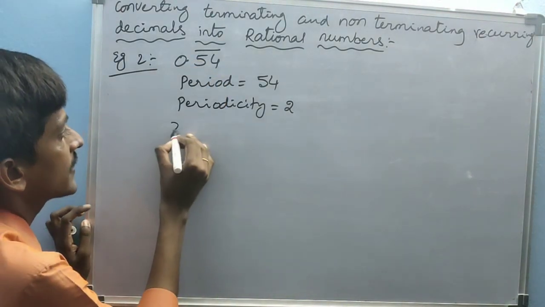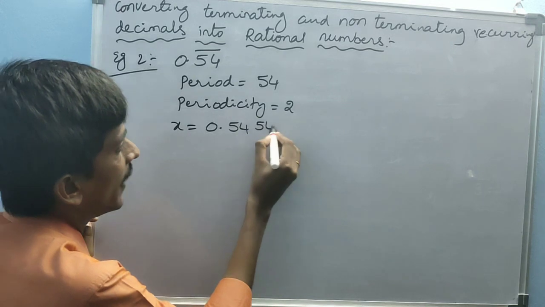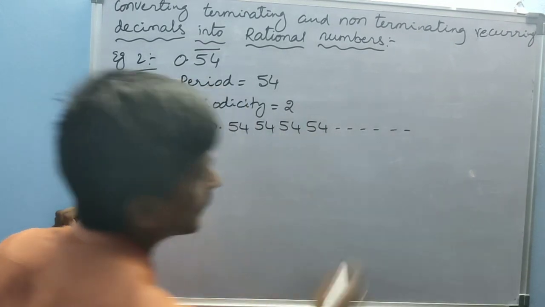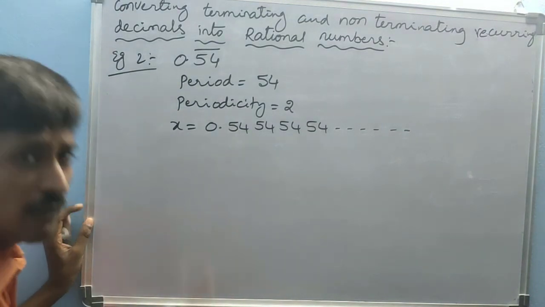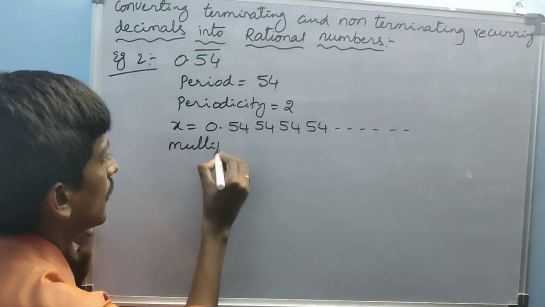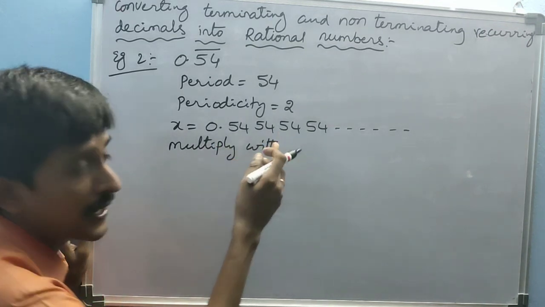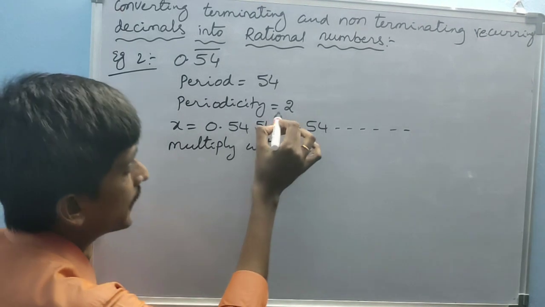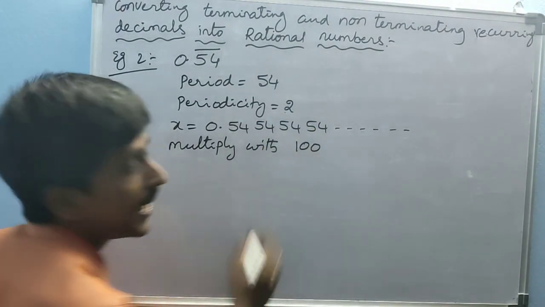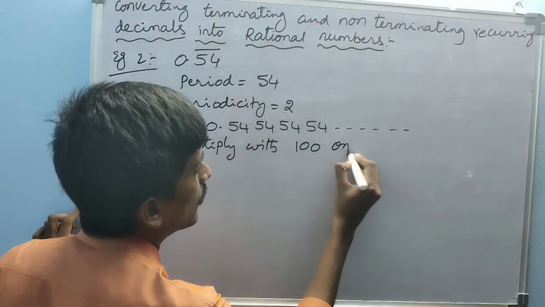This can be written as x equals 0.54, 54, 54 and so on. Now what do we multiply with, 10 or 100 or 1000? Here periodicity 2 means 2 zeros, that is 100. Multiply with 100 on both sides.